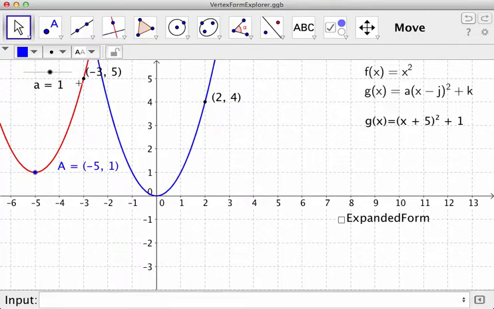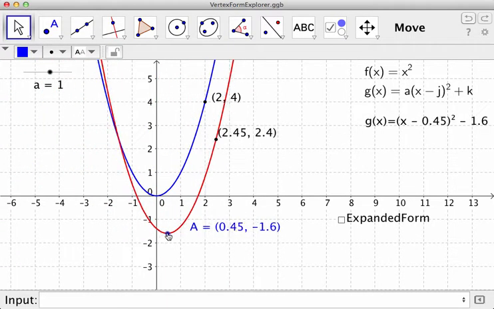So for example, this point right here, negative 3, 5, if we add 5 to the x value, we get 2. Negative 3 plus 5 is 2. If we then square that 2, we get 4. And then we add 1 to that, we get the y value, or 5.